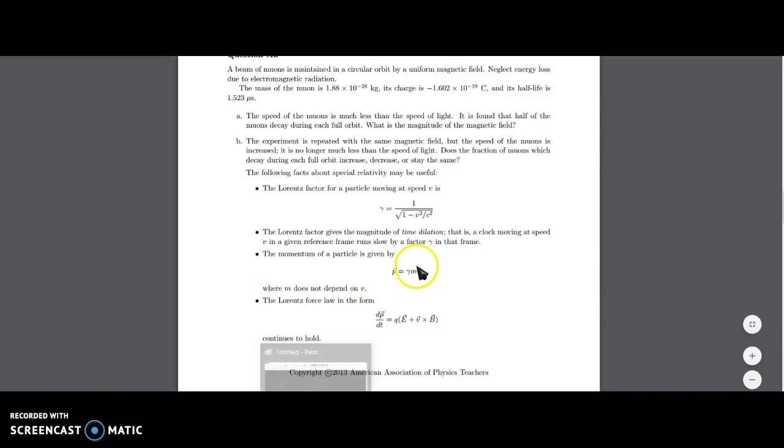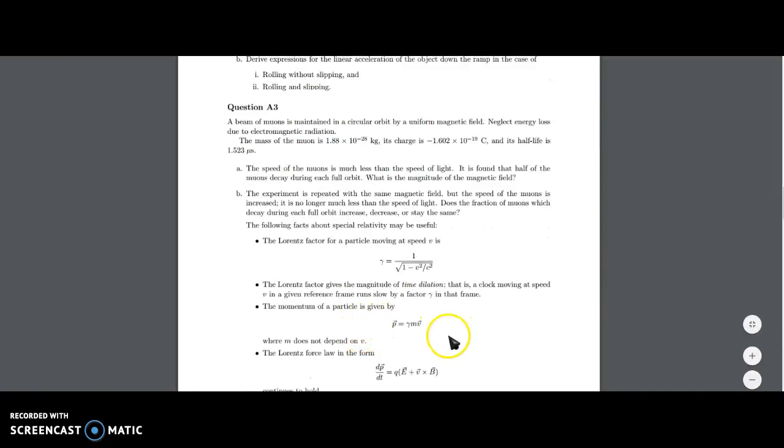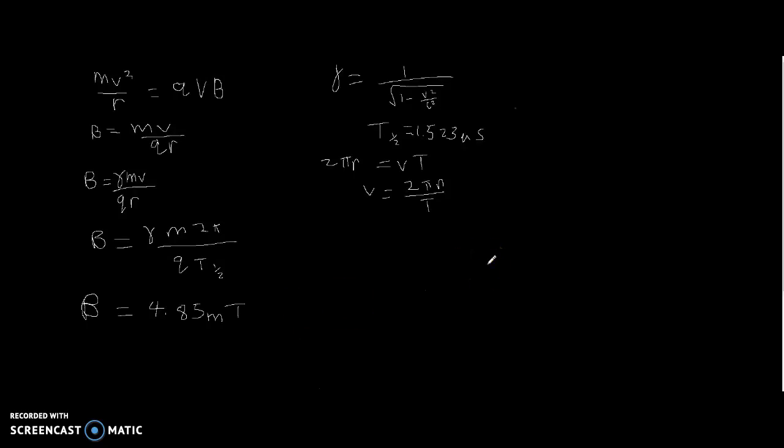Now we are looking at part B. It says, what if it was moving a lot faster, where gamma becomes significant? Does the fraction of muons which decay during each full orbit increase, decrease, or stay the same? This is a little more trivial. If the speed was more significant, gamma would be greater than 1.